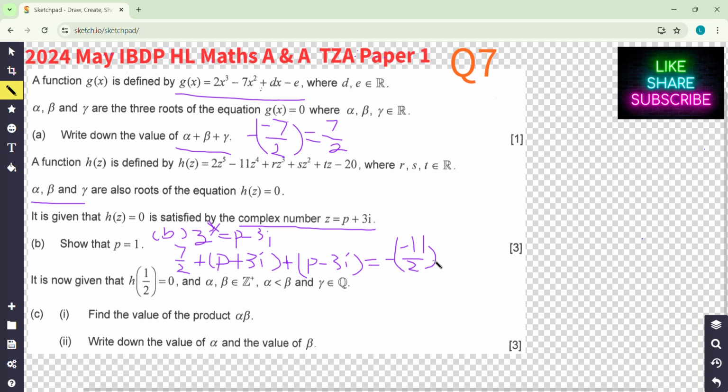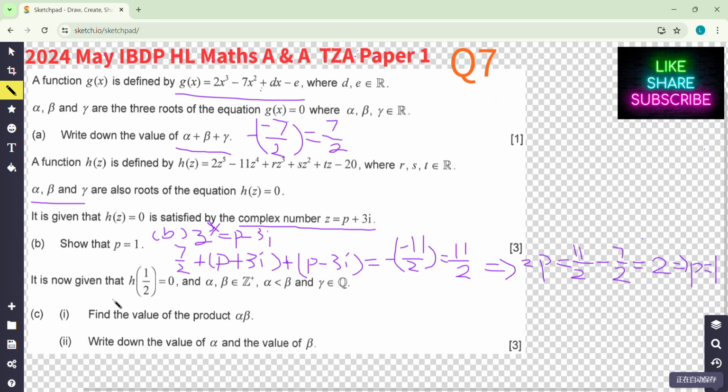So we can say it is 11/2. I think it's better to have one more intermediate step, right? So this is 2p equals 11/2 minus 7/2, because this is shown. Then this one you can say is obviously 2, so p equals 1. Bingo, we got it.